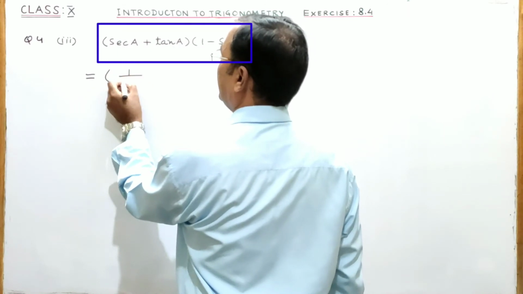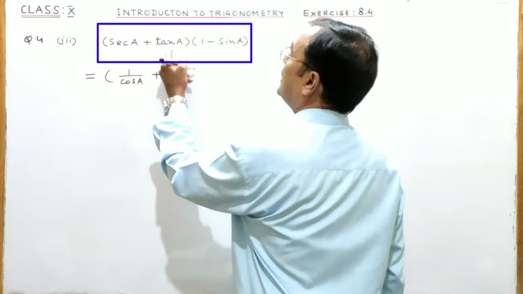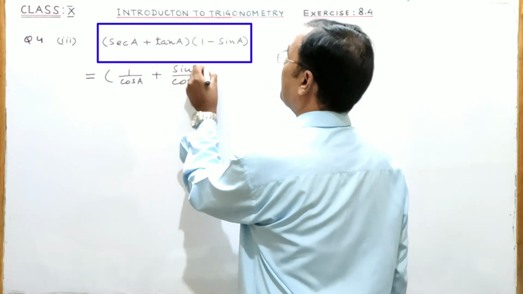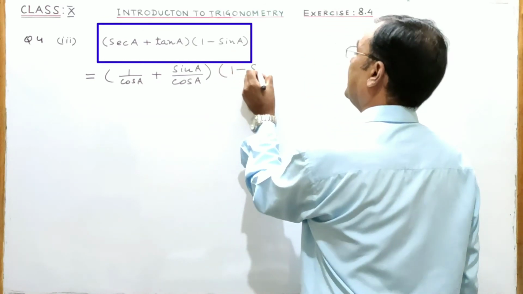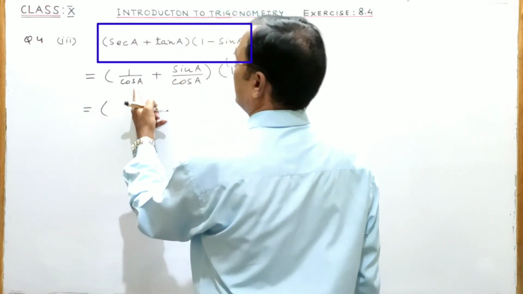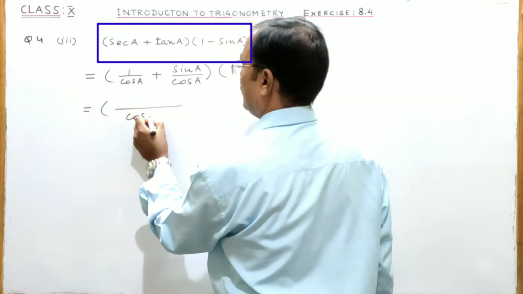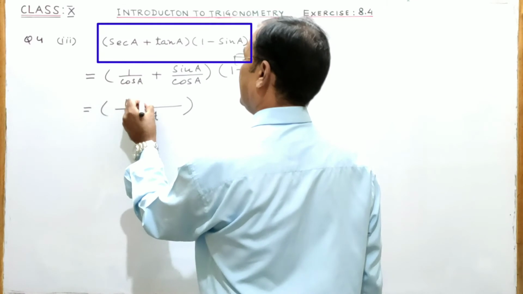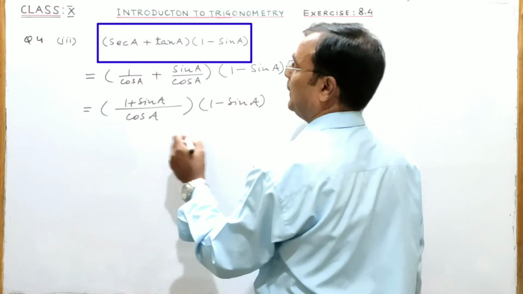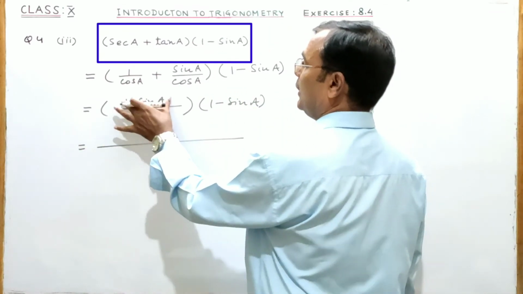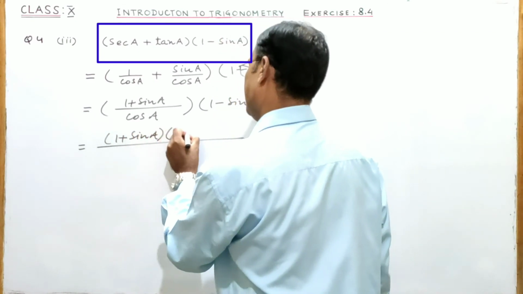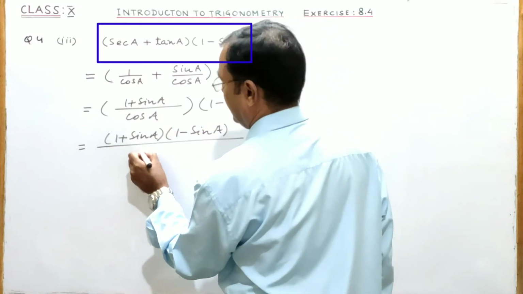Sec A we can write 1 by cos A plus tan A we can write sin A by cos A into 1 minus sin A. This is equal to, take LCM, cos A. 1 plus sin A is numerator into 1 minus sin A. This is equal to 1 plus sin A into 1 minus sin A by cos A.